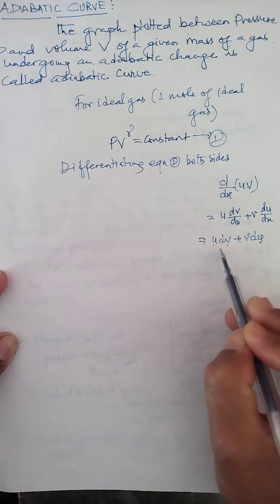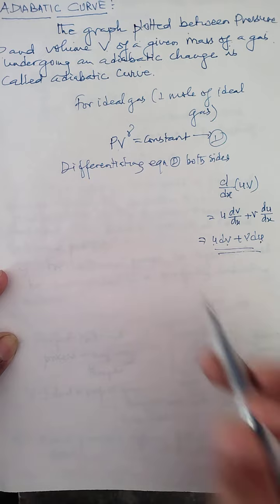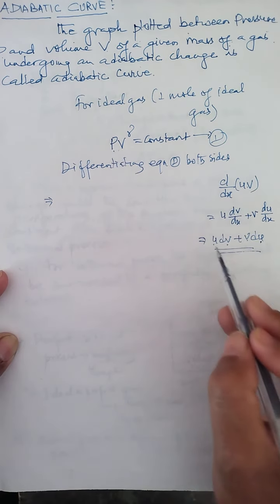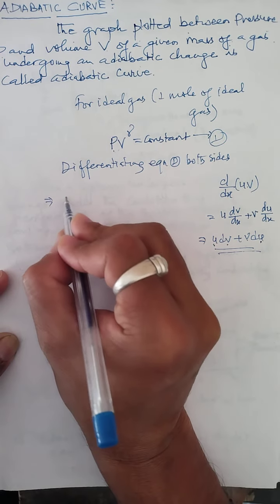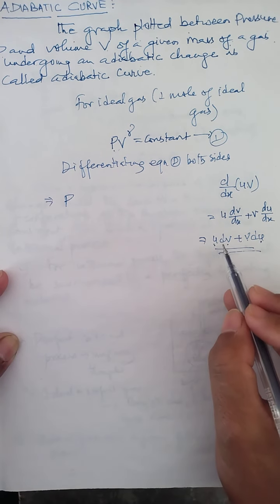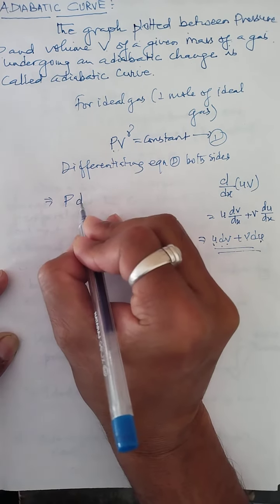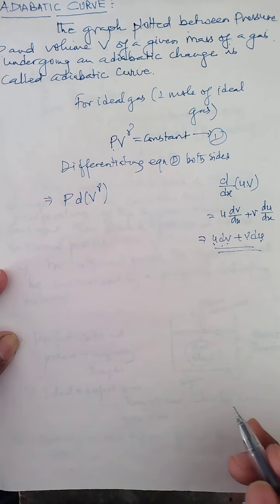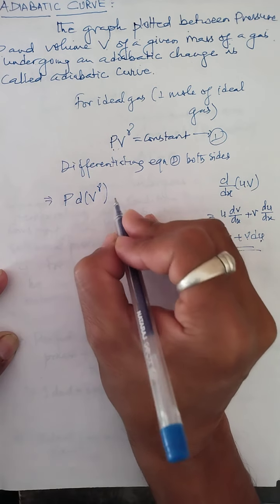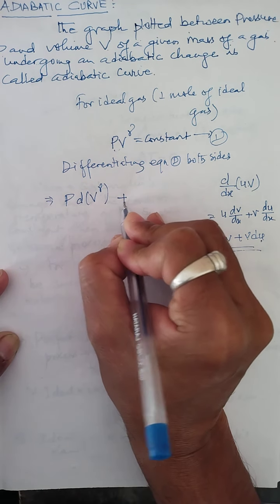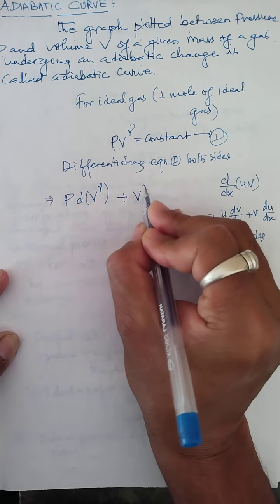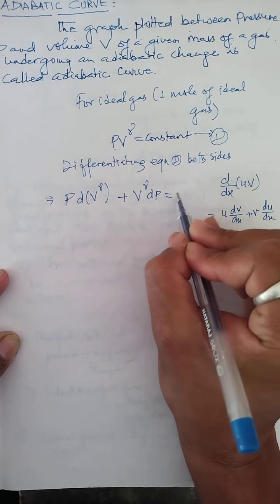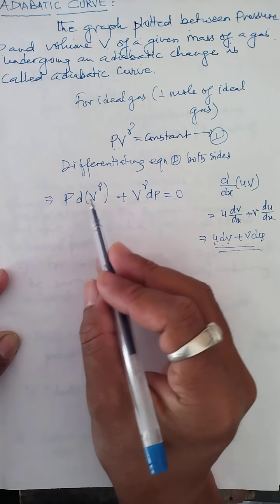This is actually the formula. So following this, P is the first variable, equal to U. So P times the differentiation of the second variable, that is d of V to the power gamma, plus the second variable V to the power gamma times the differentiation of the first variable, that is dP, equals 0.